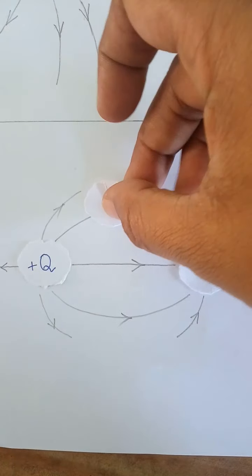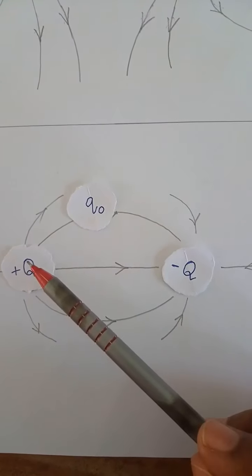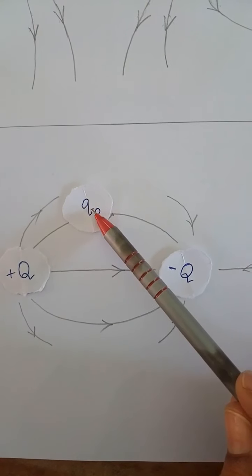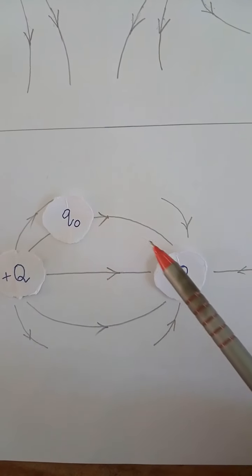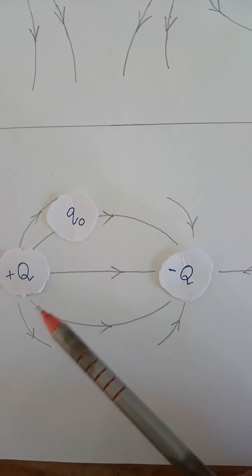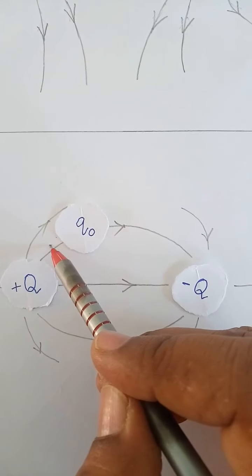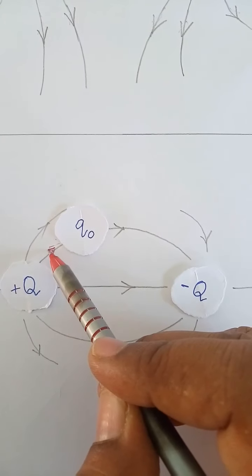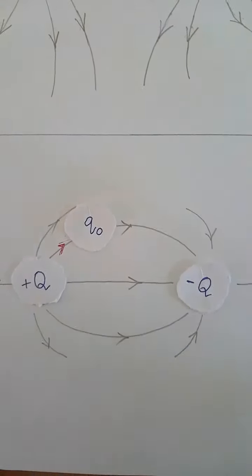And suppose I have placed the test charge over here, then it will feel repulsion from the positive charge and it will feel attraction towards the negative charge. Hence the field lines are coming out of this, whereas it is moving towards the negative charge.